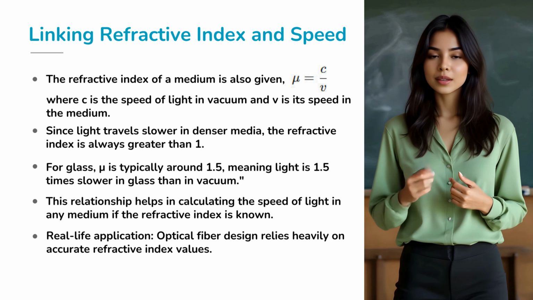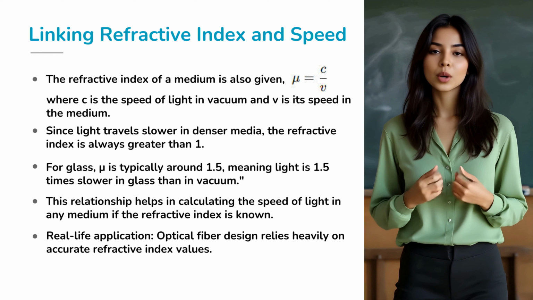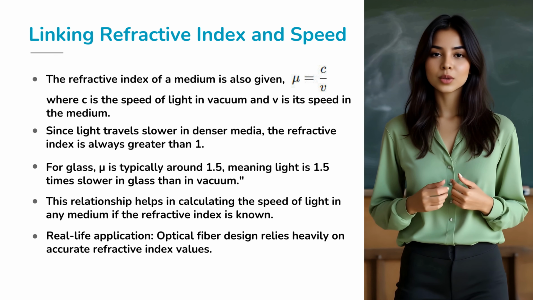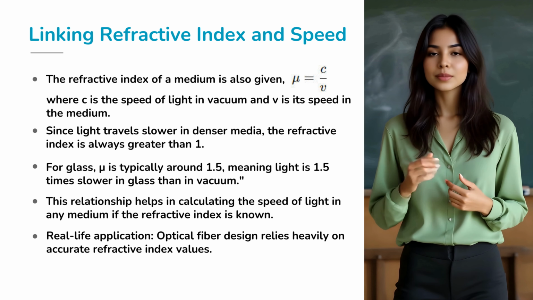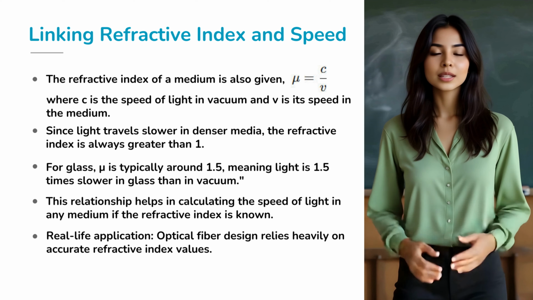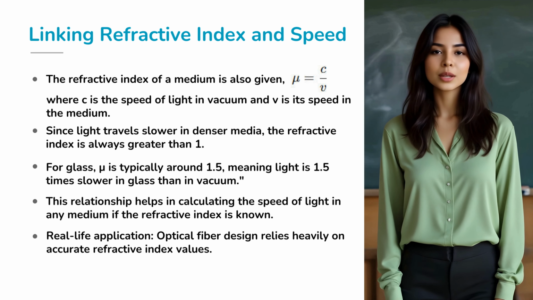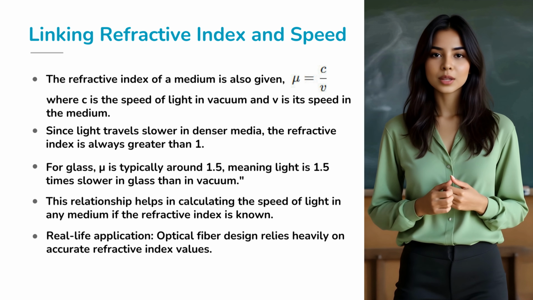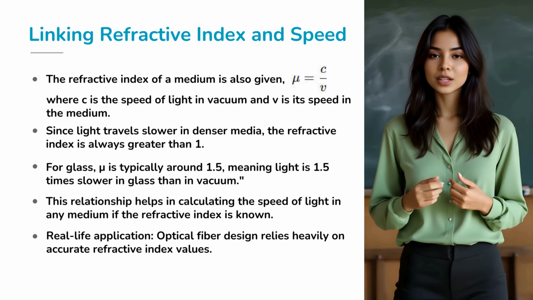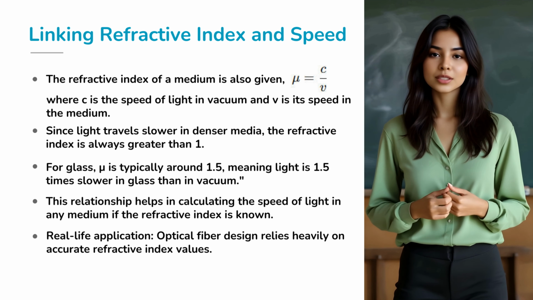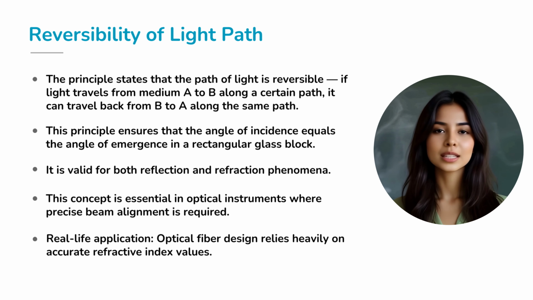For example, in glass, mu is about 1.5, meaning light travels 1.5 times slower in glass than in vacuum. If we know the refractive index, we can easily calculate the speed of light in any medium. This is vital in designing things like optical fibers, which depend on precise control of light speed to carry internet data at breathtaking rates.